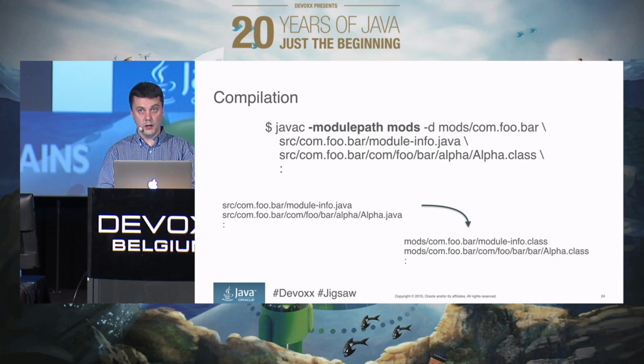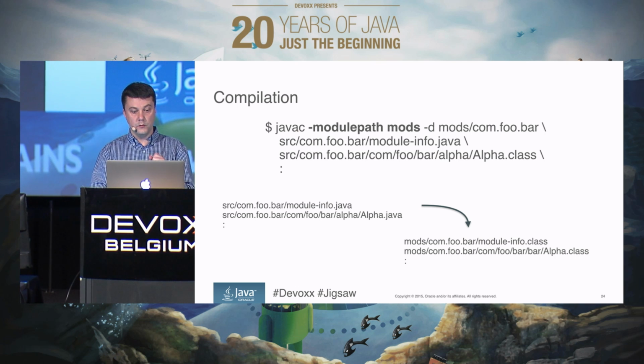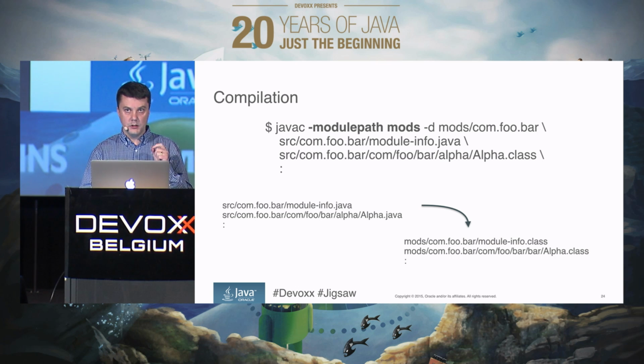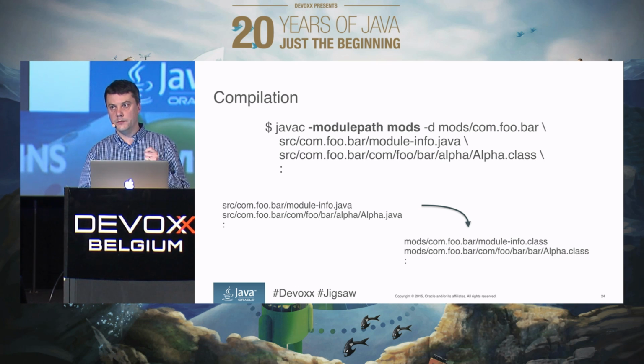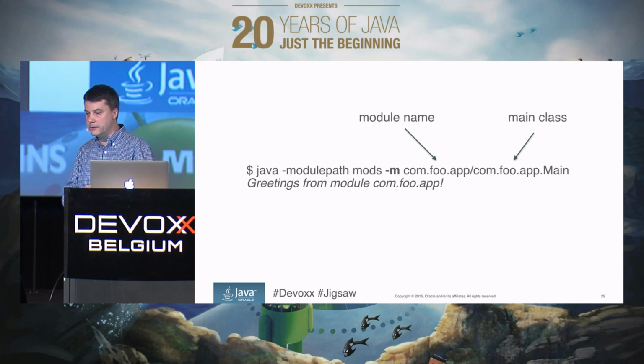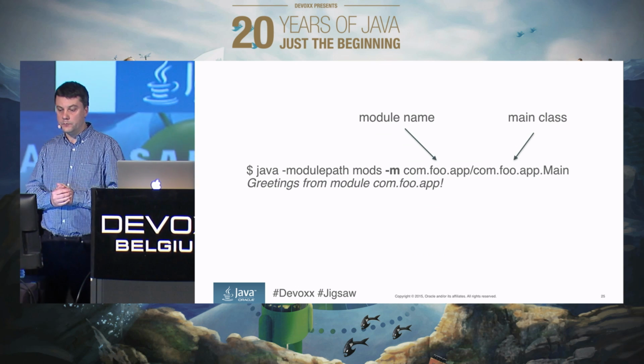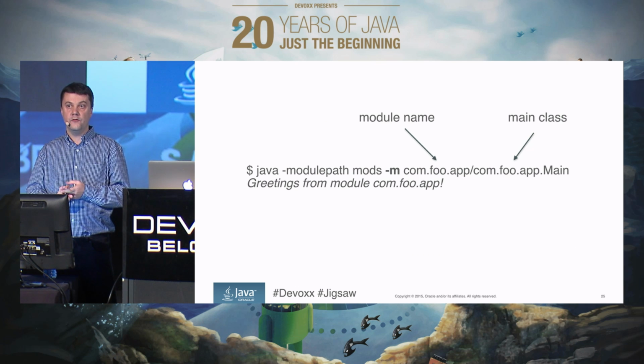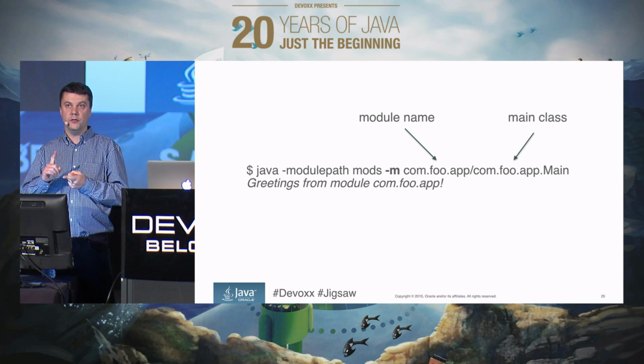That's compilation. I want to show running next. Now, the command I'm going to use for executing my application will initially look a little bit complicated. We'll simplify it over a couple of slides. But this is the command I'm using here. java --module-path, I'm giving it the module path, -m for the main or initial module, and then I'm telling it what the main or initial module is and what the main class is.